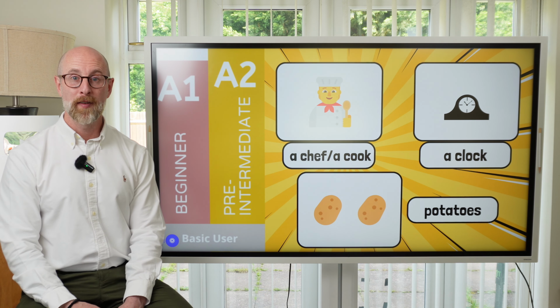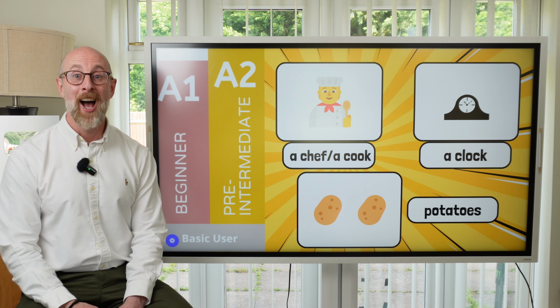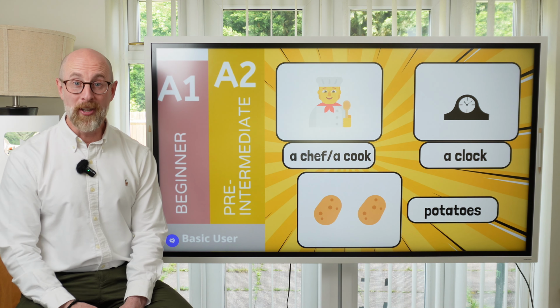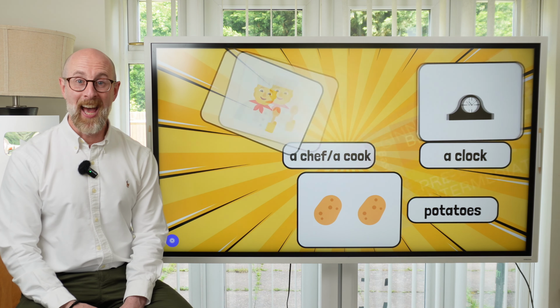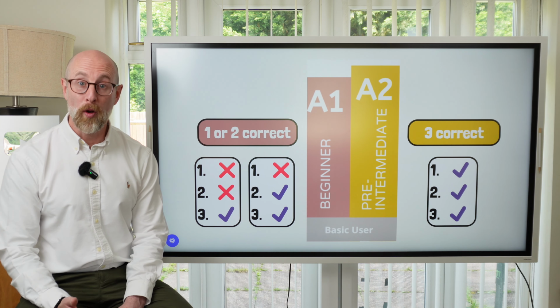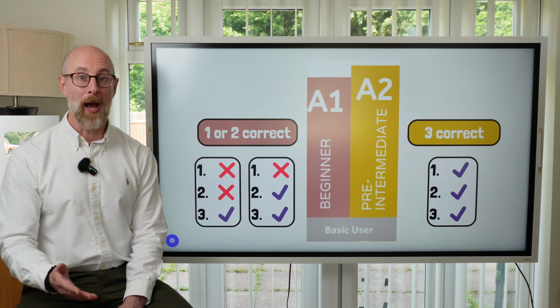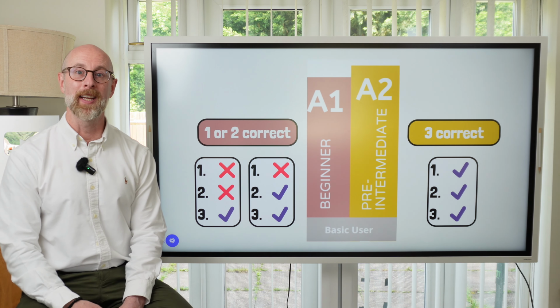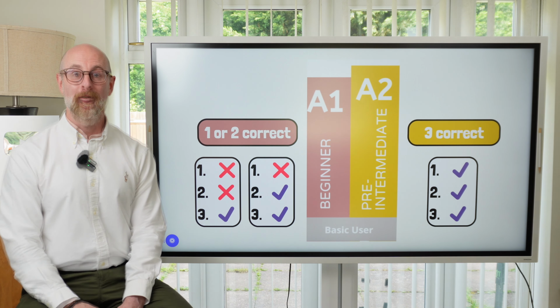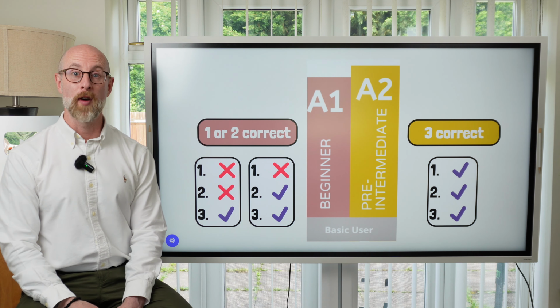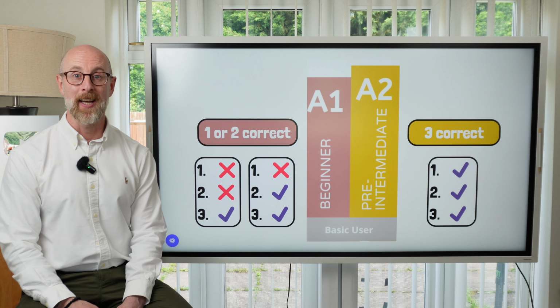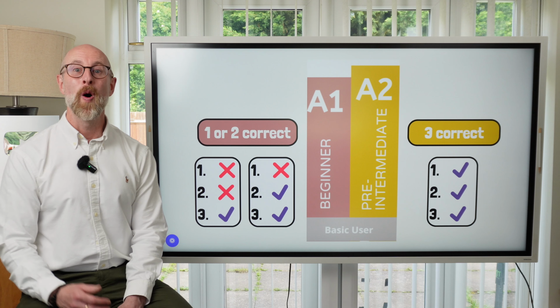A chef or a cook, a clock, potatoes. Again, if you got 1 or 2 of the words correct, then your range of vocabulary is likely to be at A1 level. If you got all 3 words correct, then your range of vocabulary is likely to be at A2 level or more.